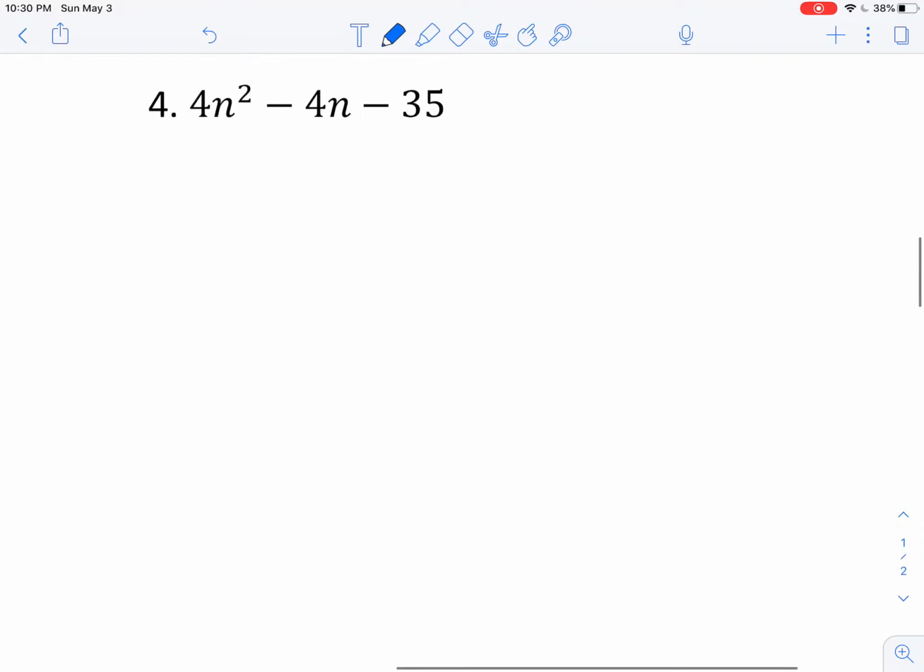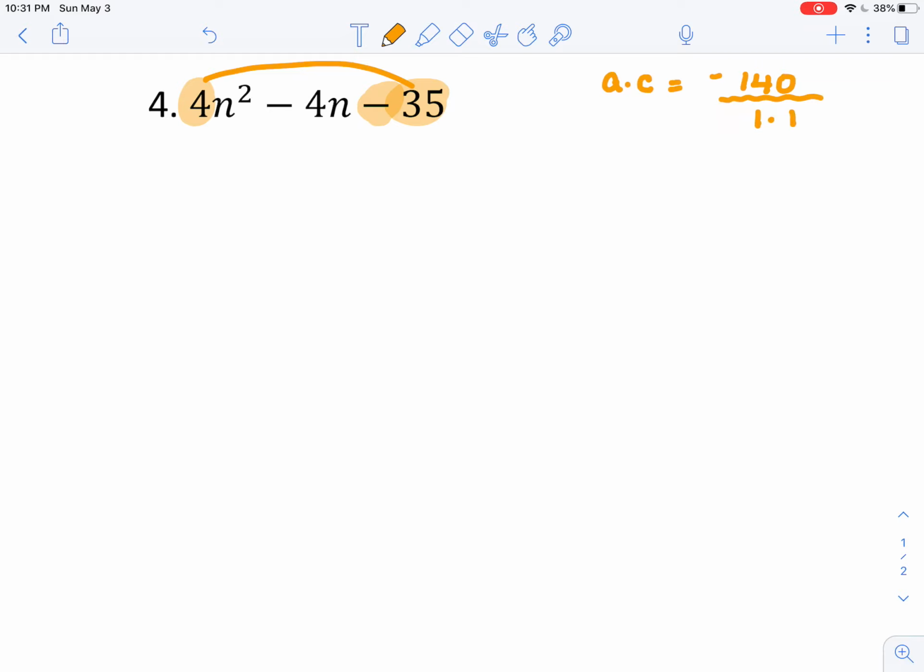And for the last example today, again, we have our trinomial in descending order. Leading coefficient is not a 1, so we have to use this longer method of multiplying A times C. So here I have 4 times negative 35. So when I multiply first times last, 4 times negative 35 is negative 140.